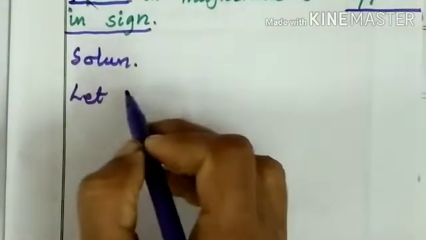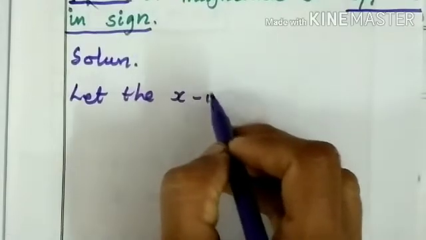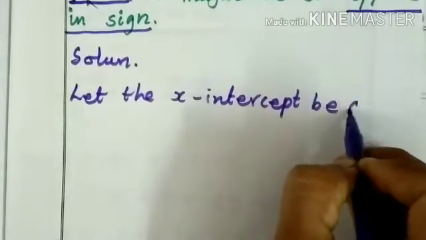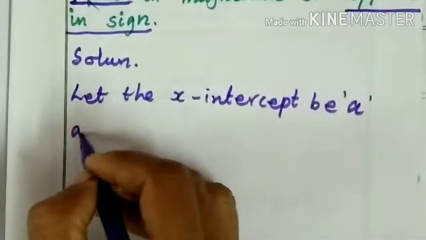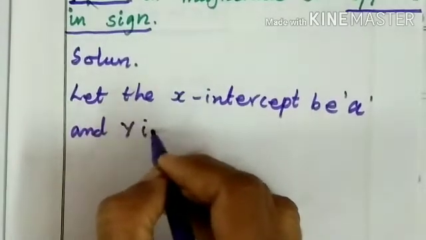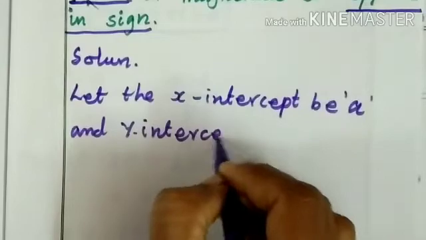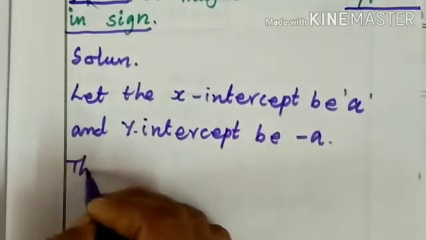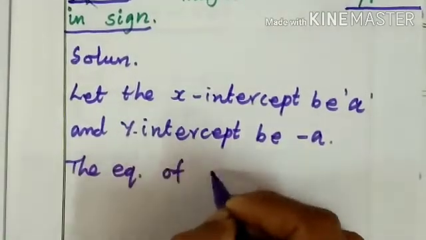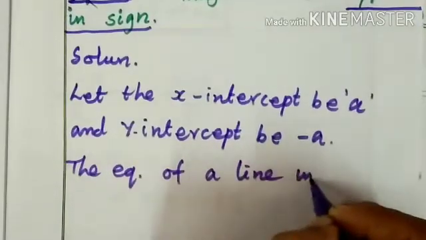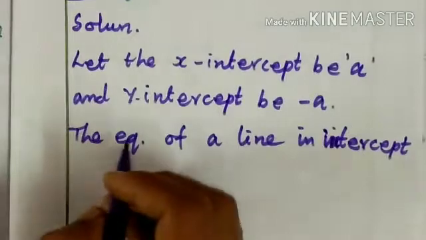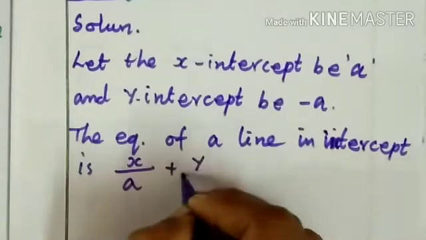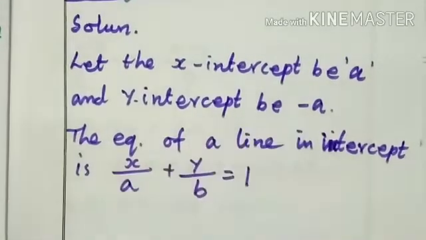Let the x-intercept be A and the y-intercept be minus A. The equation of a line in intercept form is x by A plus y by B is equal to 1.